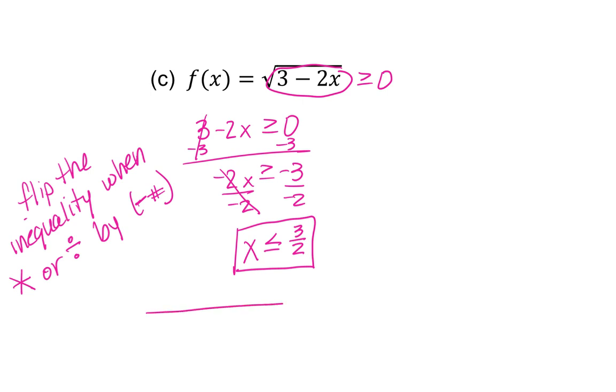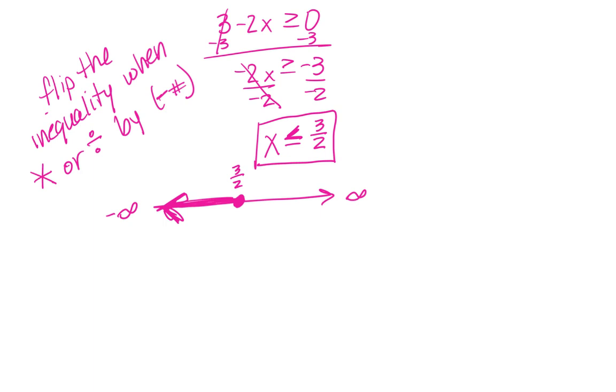So on a number line, we're going to have a closed circle for 3 over 2. And since the arrow is pointing to the left, then it's going to be from that number, anything to the left. It can be equal to 3 over 2 and everything beyond that. So beyond to negative infinity, and this goes to positive. So what does that look like? Well, you're going to have parentheses, because anytime you're dealing with infinities, it's always going to be parentheses, never brackets.